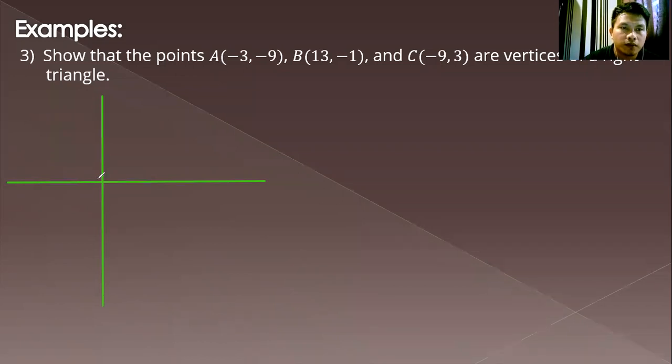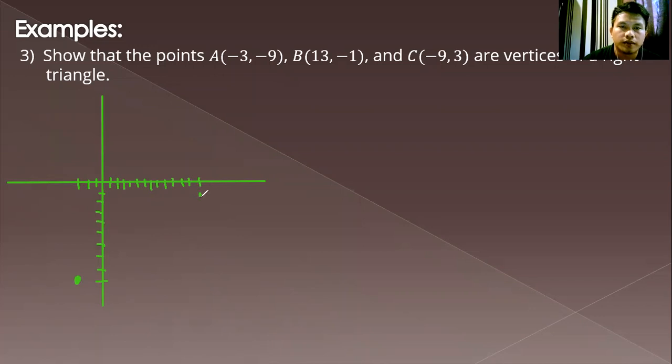Let us have -3, then 1, 2, 3, and we have here -9, 1, 2, 3, 4, 5, 6, 7, 8, 9. And we have 13, counting 1 to 13, and -1.